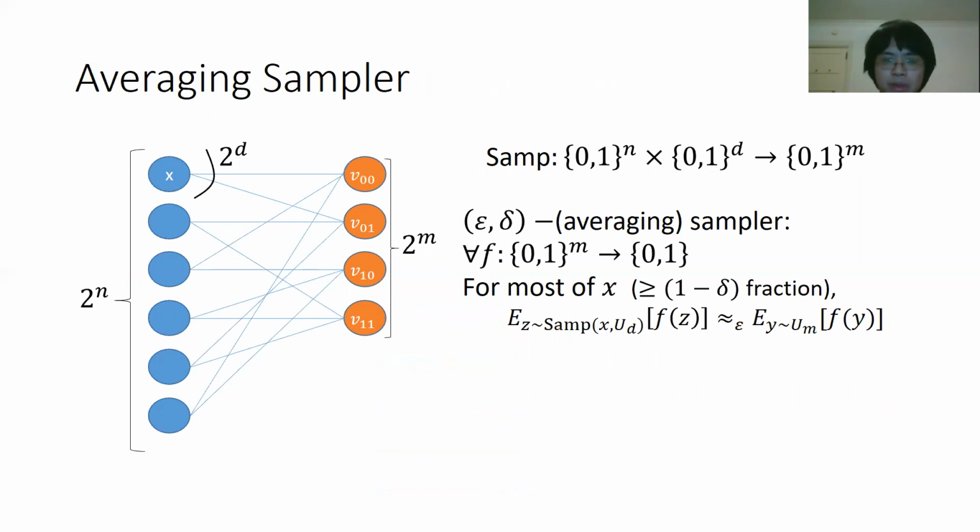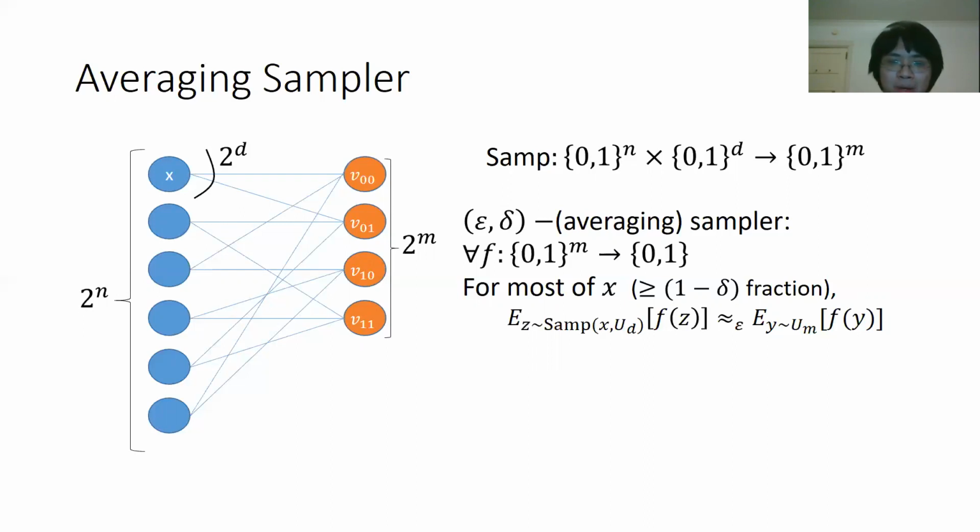An averaging sampler is a function which takes n bits of input and d bits of seed and computes the m-bit output. This can also be viewed as a bipartite graph, where the left-hand side has 2 to the n nodes, and the left degree is 2 to the d, and the right-hand side has 2 to the m nodes.